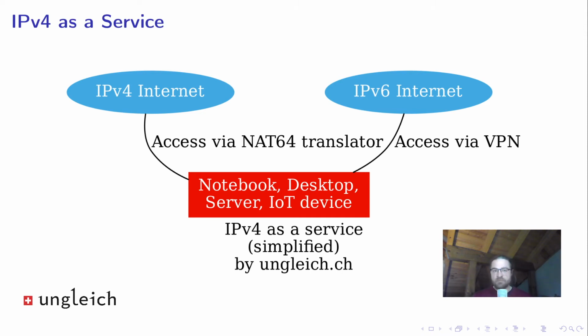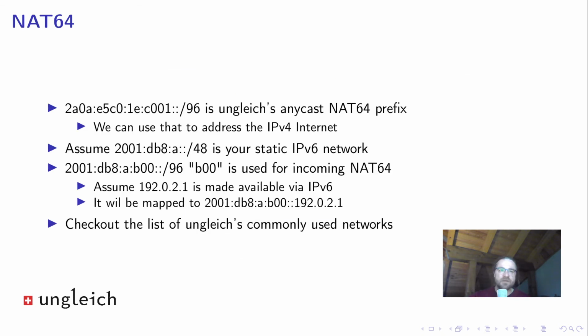Because remember, the end device here is IPv6 only, or only has public IPv6 addresses. Then again, the IPv6 internet can be reached via the IPv6 VPN. So this is a simplified view, and I think there's a bit more to it. Let's dive a bit into the details.